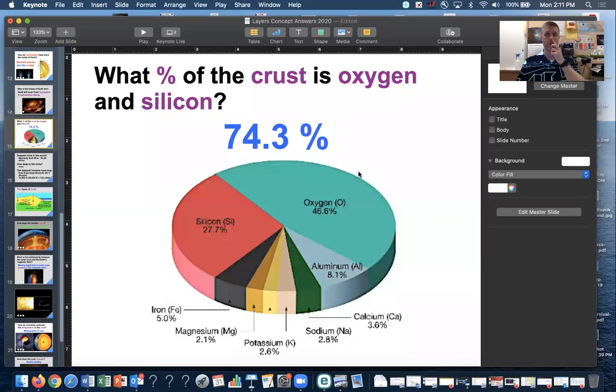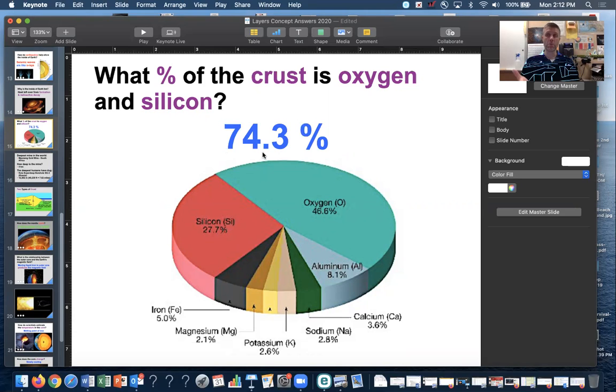Now, if you use different numbers, your numbers will be a little bit different, but they should be pretty close. If you take these numbers, oxygen at 46.6%, silicon at 27.7%, add those together, that gives you 74.3%. So like I said, your numbers should be pretty close if they aren't exact.